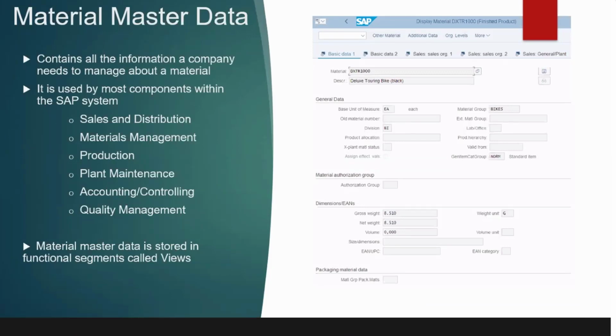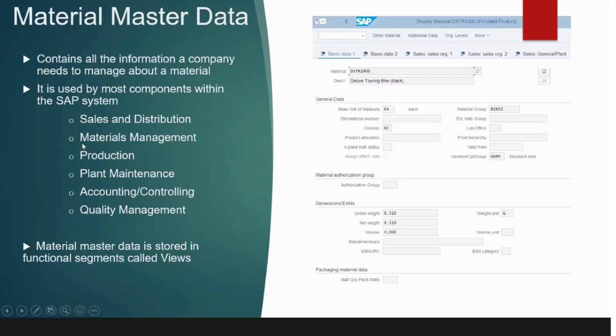Okay, the material master. I think we already saw the material master in SD, sales and distribution, and also this is important. You cannot do any business transaction, purchasing business transaction, without saving or creating the material master. Where can we use the material master?